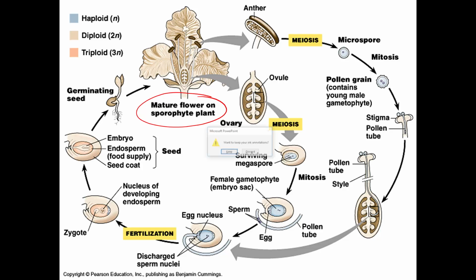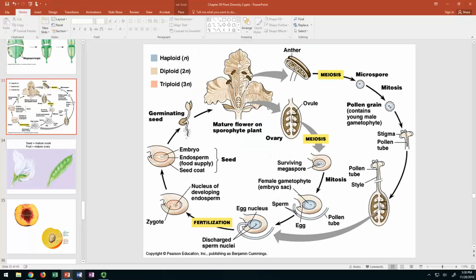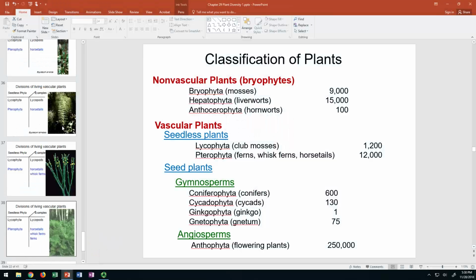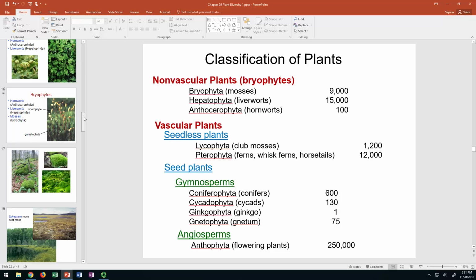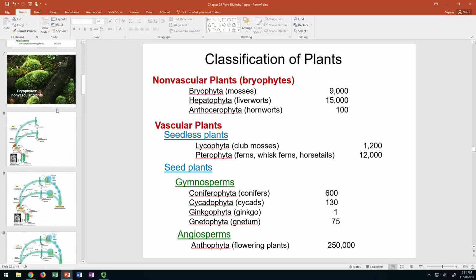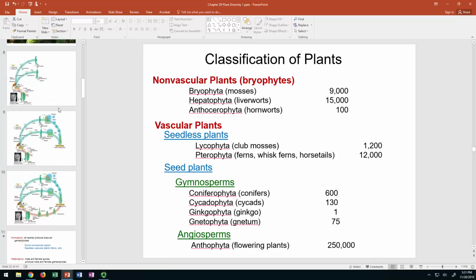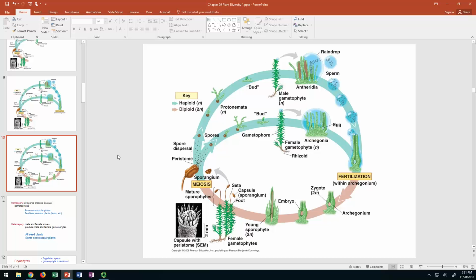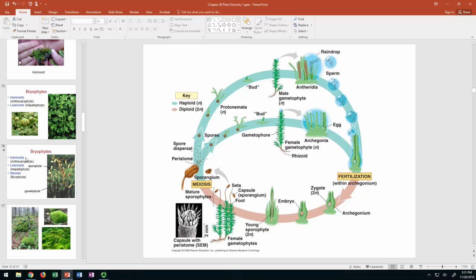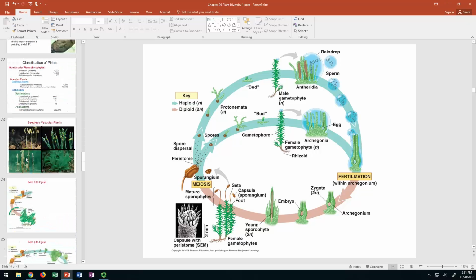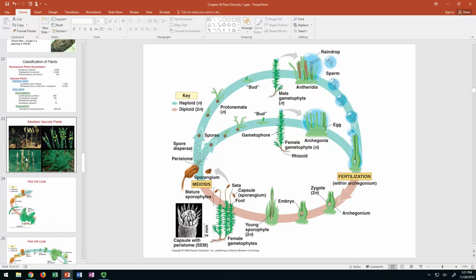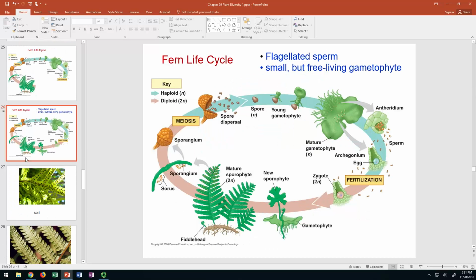So then the task that you have is being able to go and say that non-vascular plants, what's dominant again? Gametophyte. So non-vascular gametophyte. And then vascular, what's dominant?